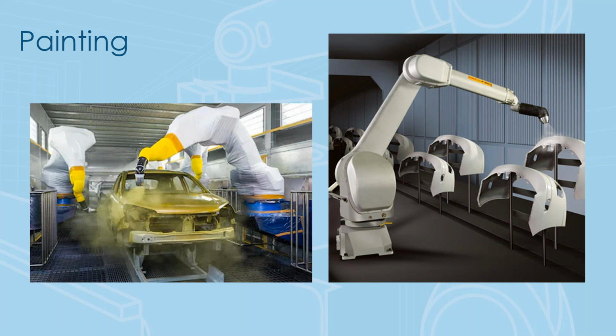And one of the things I wanted to point out here, we talked earlier about when you want to implement robots, and health and safety is one of the key areas where robots will give you a great return. So if you have manual operators in a paint booth wearing respirators and applying paint, if possible, you want to get those human operators away from those types of tasks. If they're painting or handling toxic chemicals or any other harmful components in your process, we want to automate those processes.